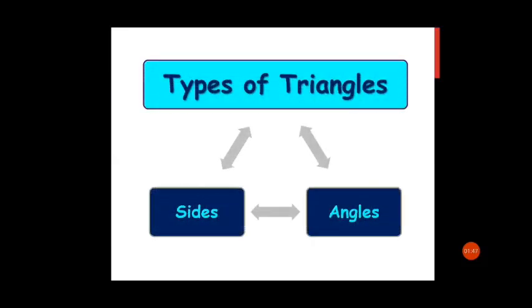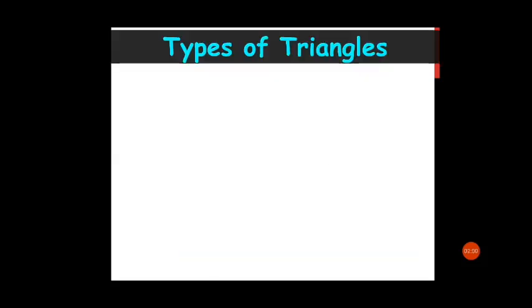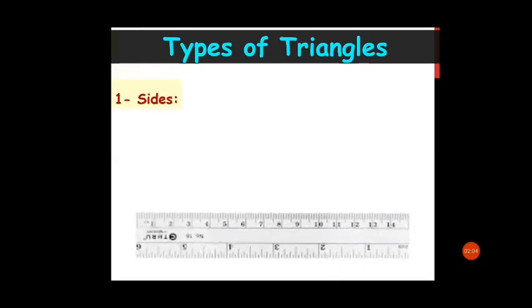As long as we said that we have three sides and three angles, this means that we also have two types of classification of triangles, according to the sides and according to the angles. So we have to differentiate between those two types. First we will discuss the types of triangles according to the sides.